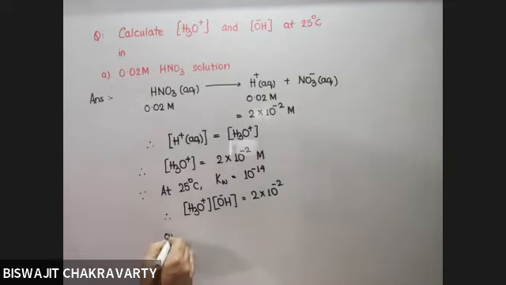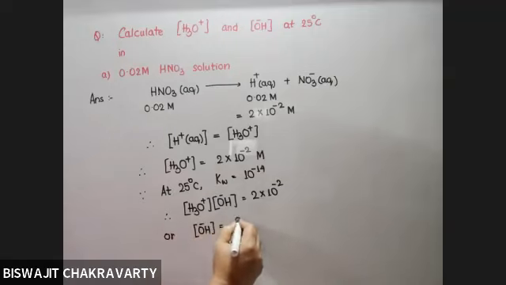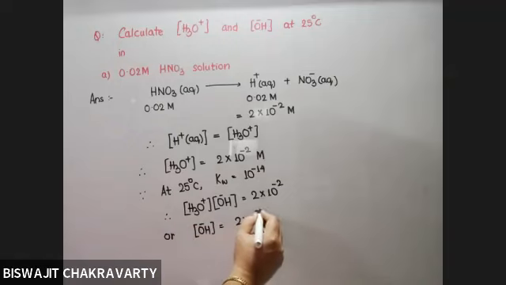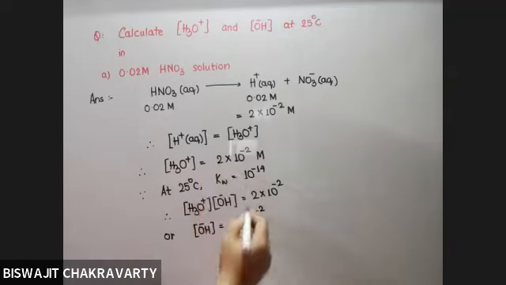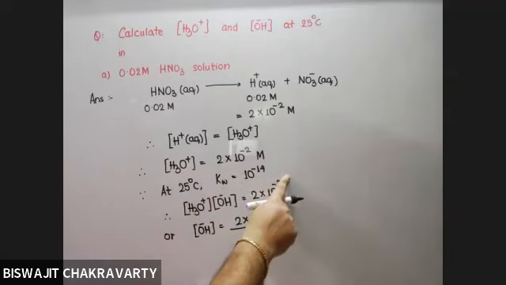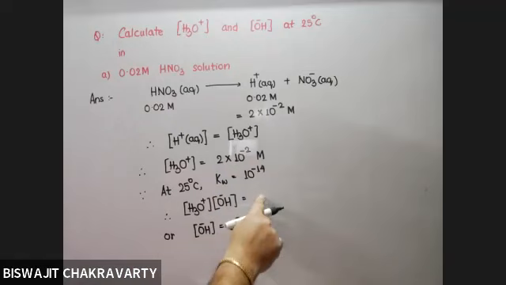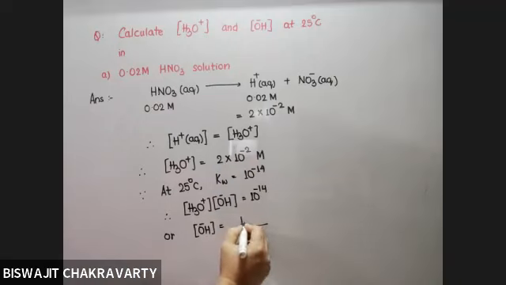Oh, I made a mistake. The product of these two is Kw, which is 10 to the power minus 14. How much is it?